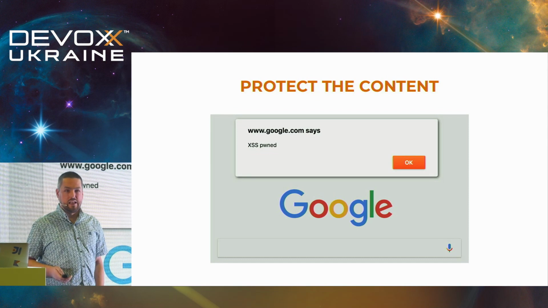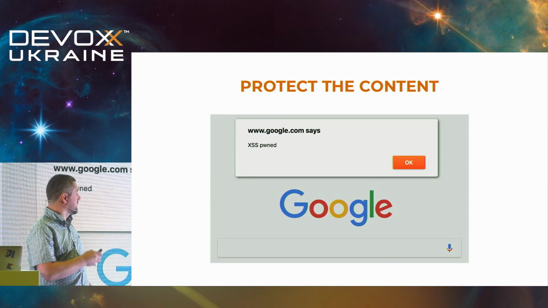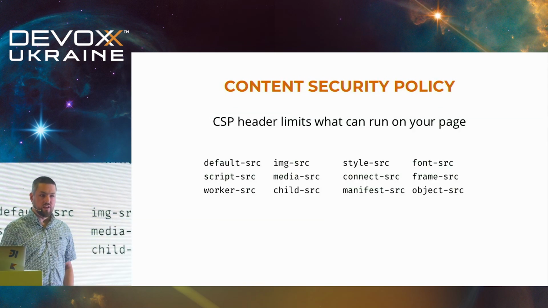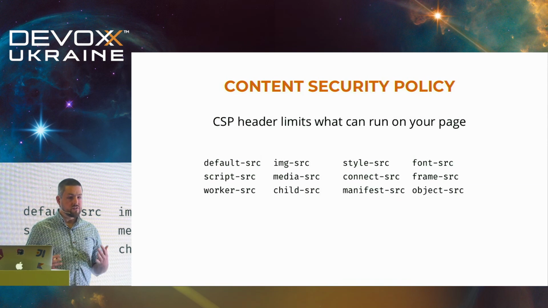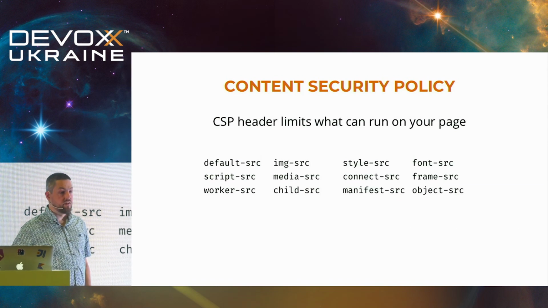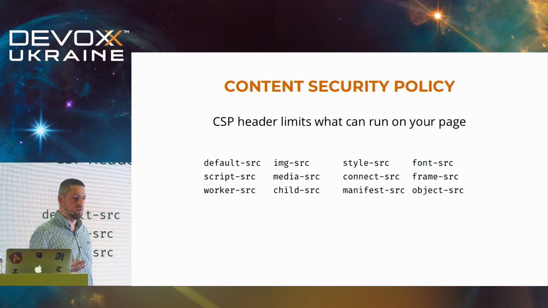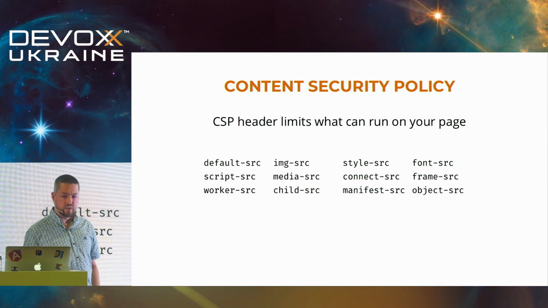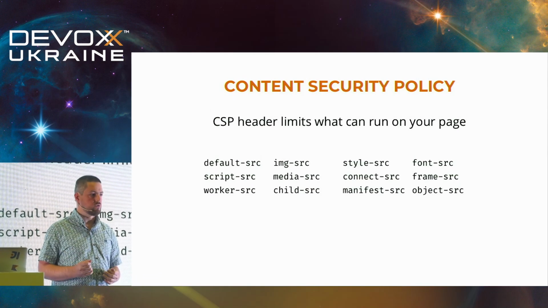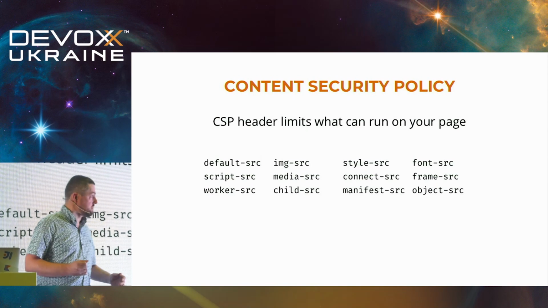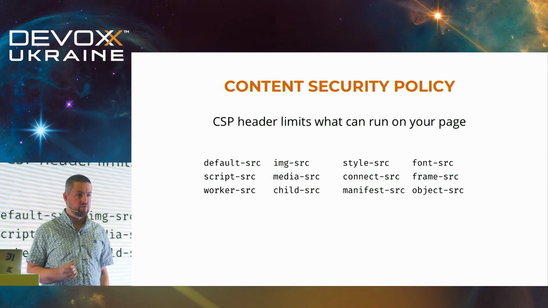So there is some cross-site scripting protection in the browser, but there's also this thing, a content security policy. A content security policy is basically yet another header that limits what the browser is allowed to do with your site. And it's a very expansive set of instructions that you can give it. I've listed the possible sources that you can filter on.